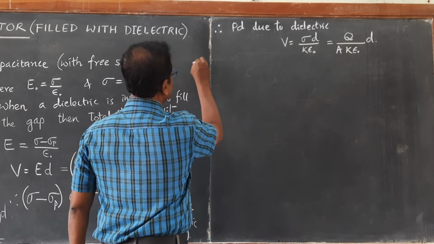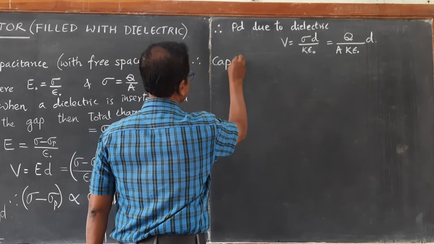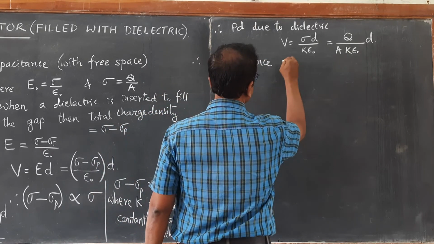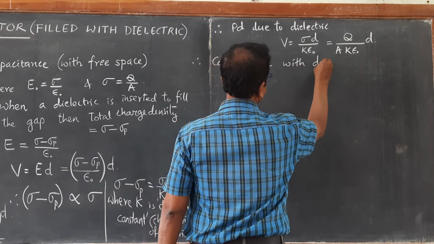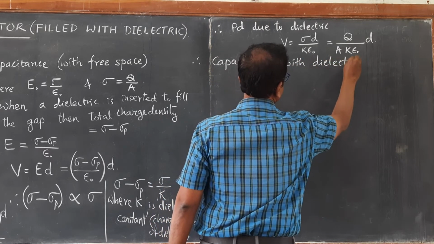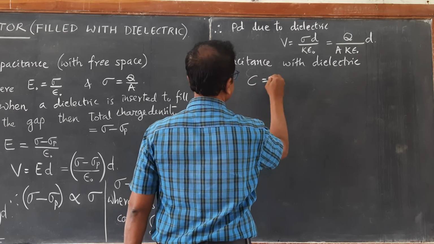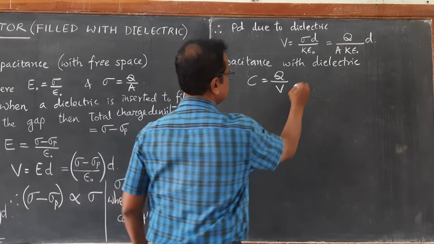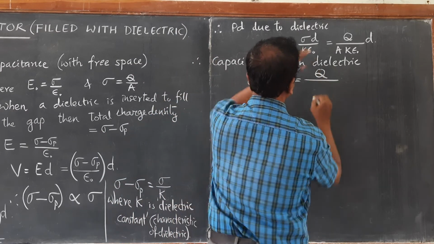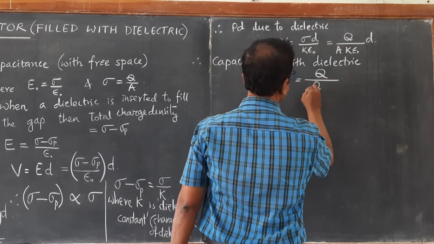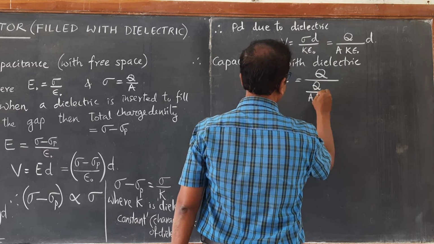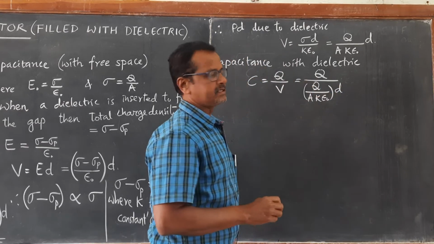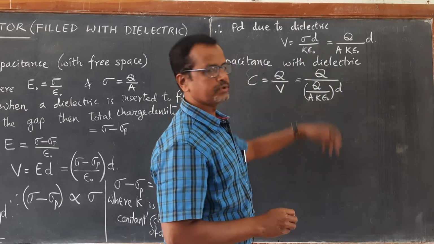Now therefore, we can write the capacitance of the capacitor with dielectric. Now C is equal to Q by V. Now Q as it is, by V, substitute this value, we get Q upon A k epsilon naught into D. The Q cancels, so A k epsilon naught comes to the numerator.